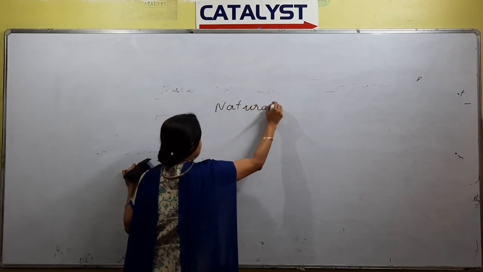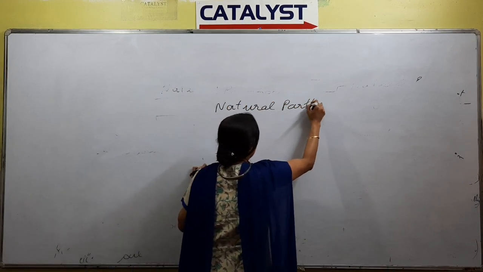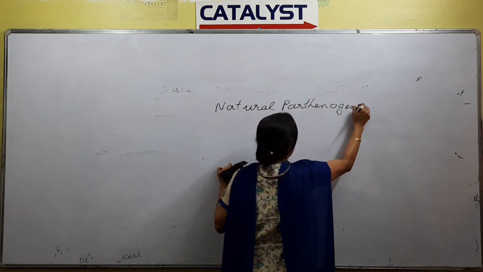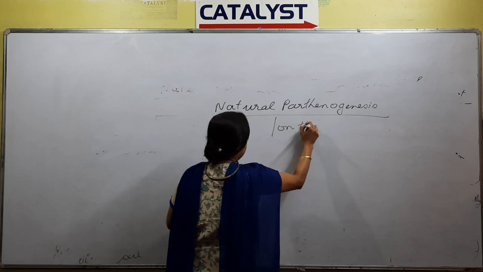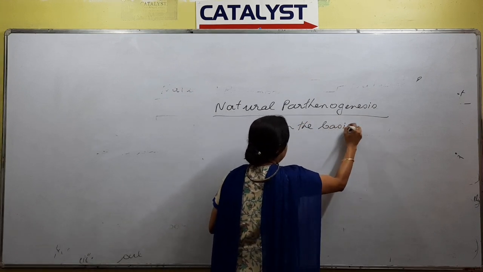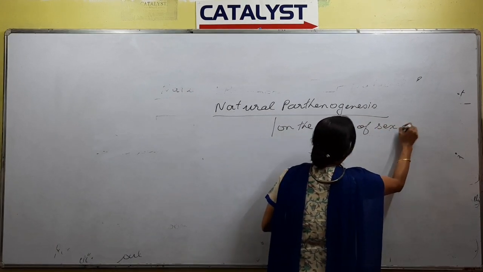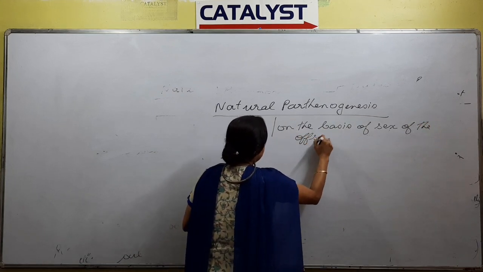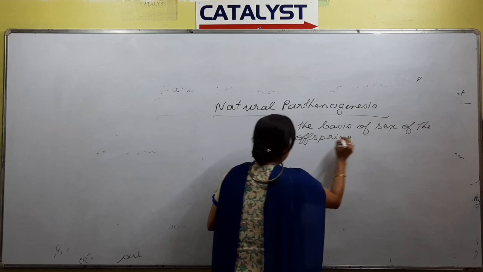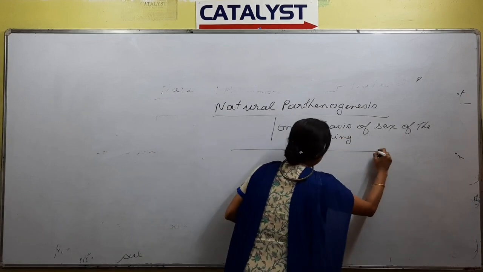Natural parthenogenesis, on the basis of the sex of the offspring, has been classified under three categories.